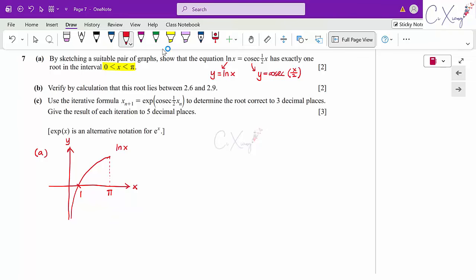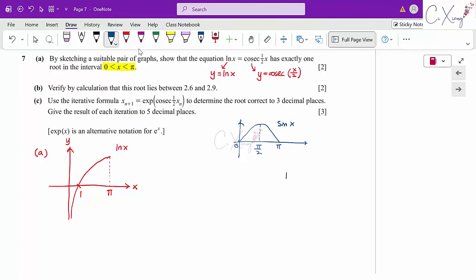Then when we want to sketch cosecant x over 2, it comes from the graph of sine, correct? Because cosecant is the reciprocal of sine, I start sketching it by using the sine graph first. My original sine graph is from 0 until pi, where this is pi over 2. This is the sine x graph.